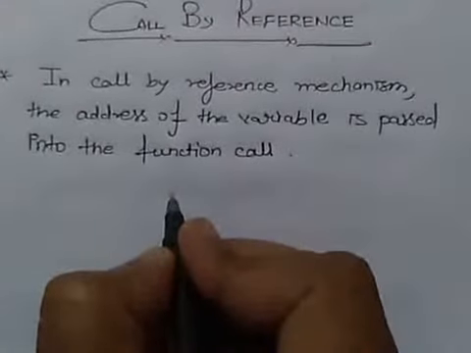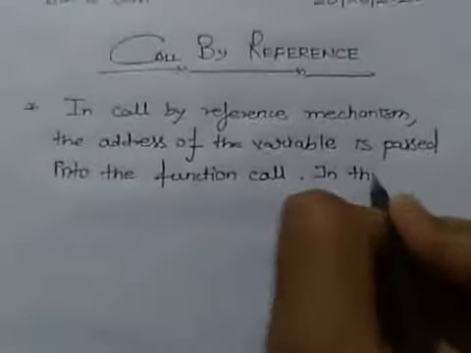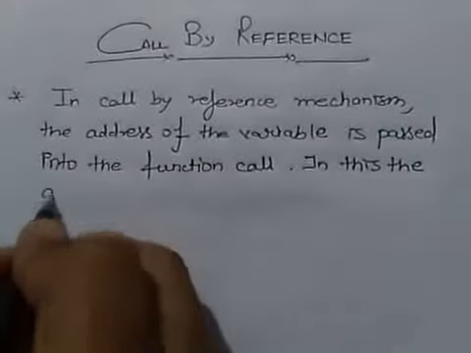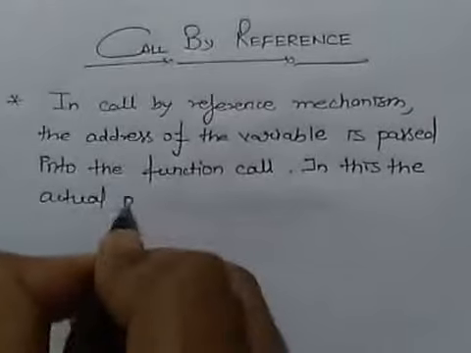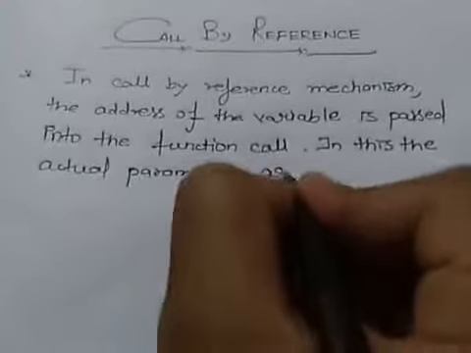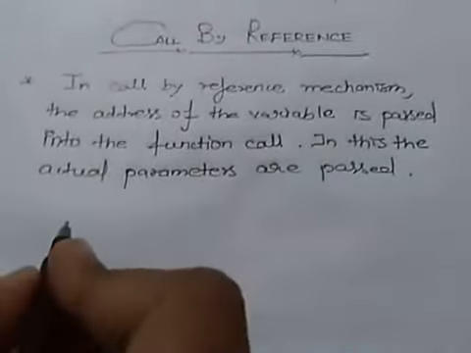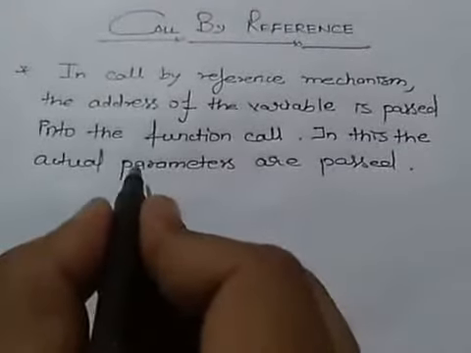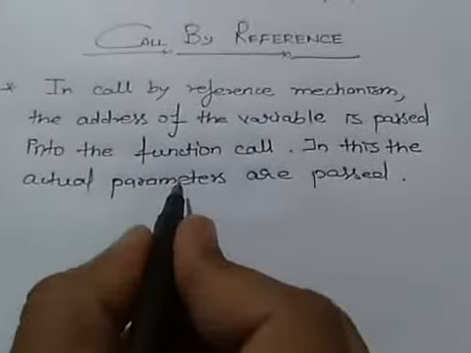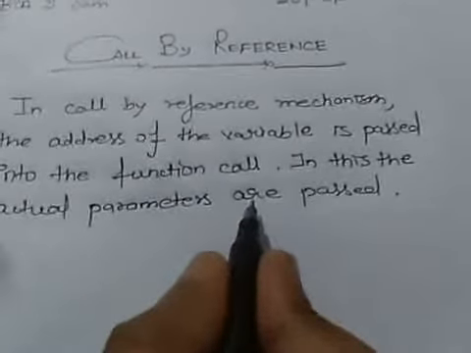Now in this, the actual parameters are passed. It means when we make a function call, instead of passing the values, the address is passed.